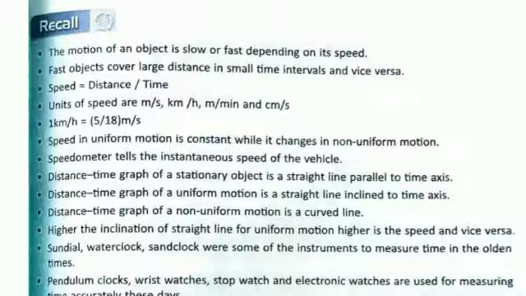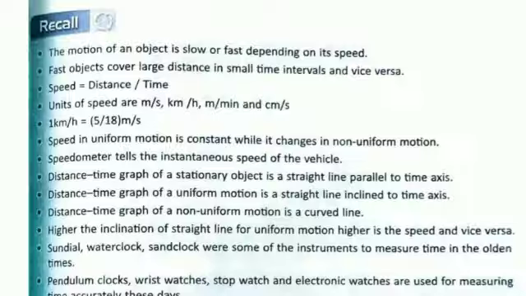Fast objects cover large distances in small time intervals, and vice versa. Vice versa means just the opposite: a slow object covers less distance in the same time interval.